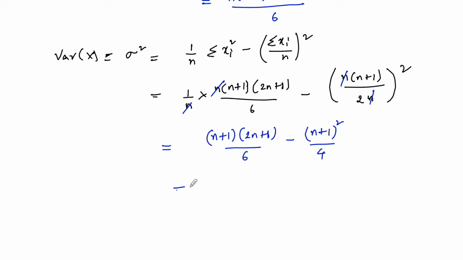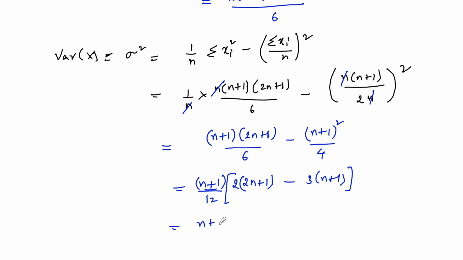So LCM of 6 and 4 is 12. So let us take 12 as LCM. So 6 2 times, and also we can consider n plus 1 common. N plus 1 upon 12, and here 2n plus 1 into 2 times, and again minus, here 4 3 times, and n plus 1 is taken common, so 3 times of n plus 1.